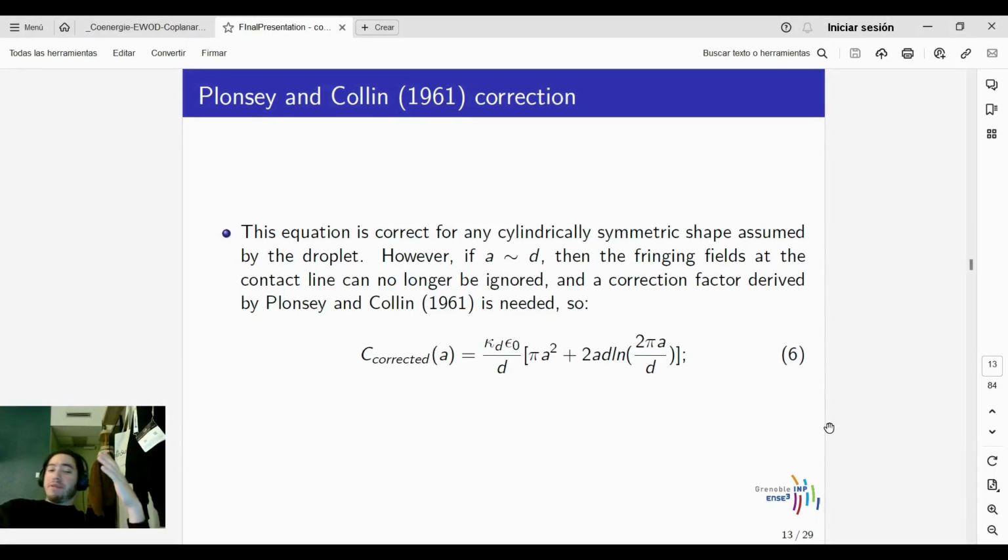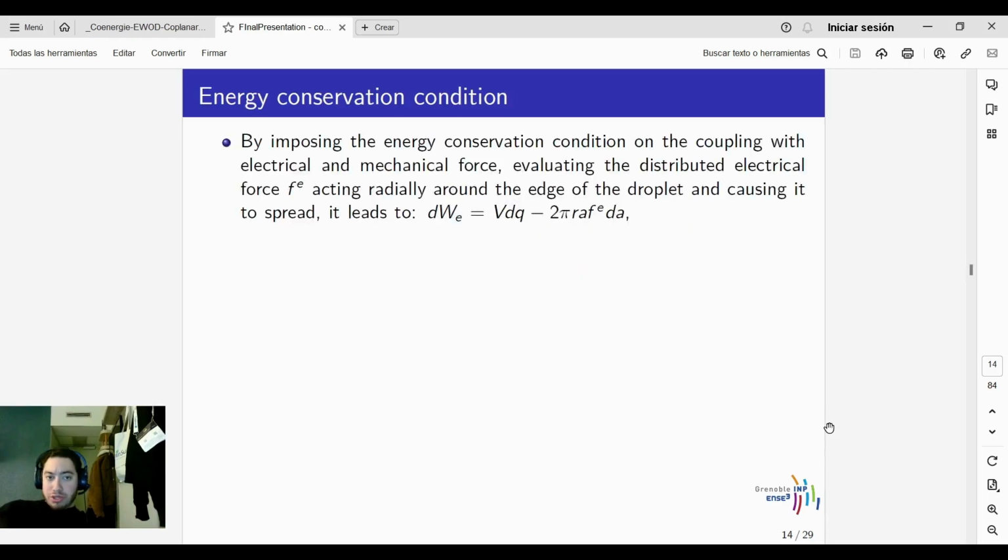So once we have a function that allows us to compute the capacitance in terms of A, in this case the horizontal displacement of the liquid drop, the author introduces the concept of the energy conservation condition, which is basically the coupling between the electrical force that is generated and the mechanical force that will cause the deformation of the drop.